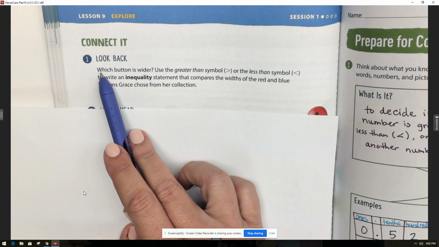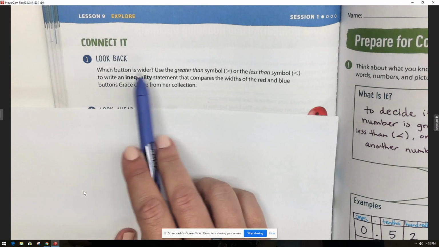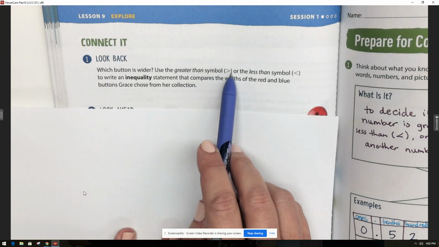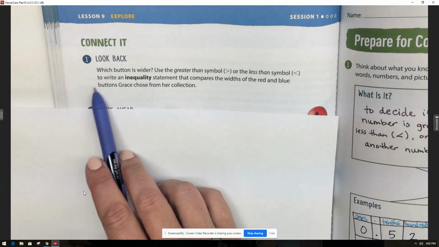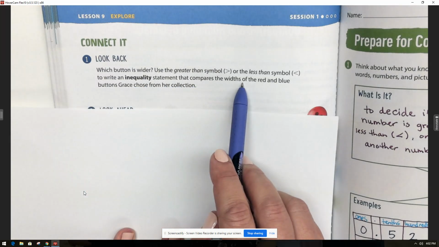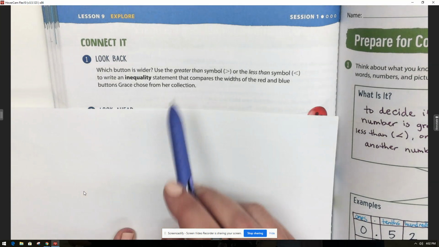Looking back, we want to figure out which button is wider. Use the greater than symbol or the less than symbol to write an inequality statement that compares the widths of the red and the blue buttons Grace chose from her collection.